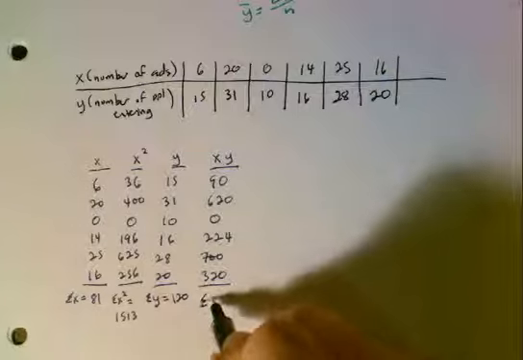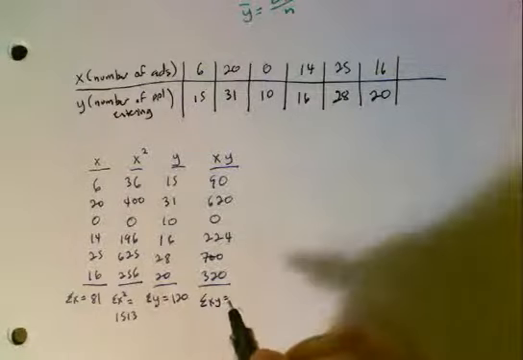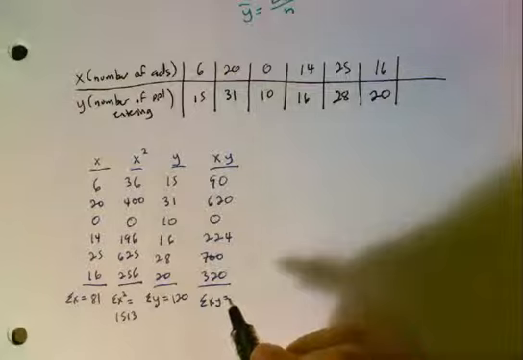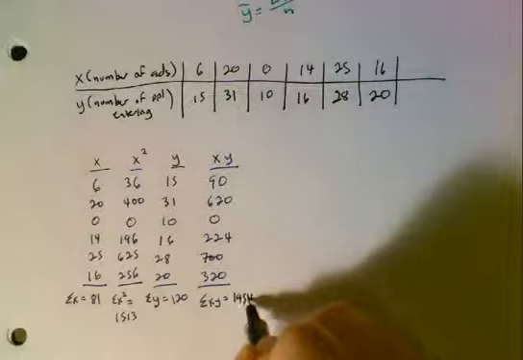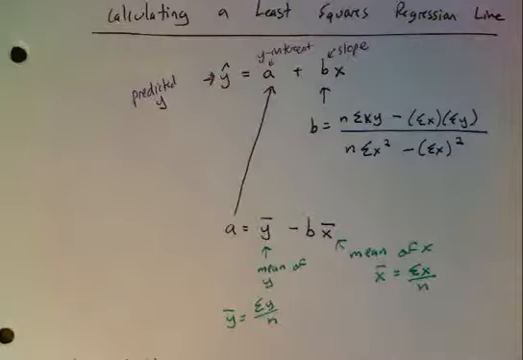And then sum of x times y: 90 plus 620 plus 0 plus 224 plus 700 plus 320, 1954. So once we've got all those values, we just have to plug them in for b up here.